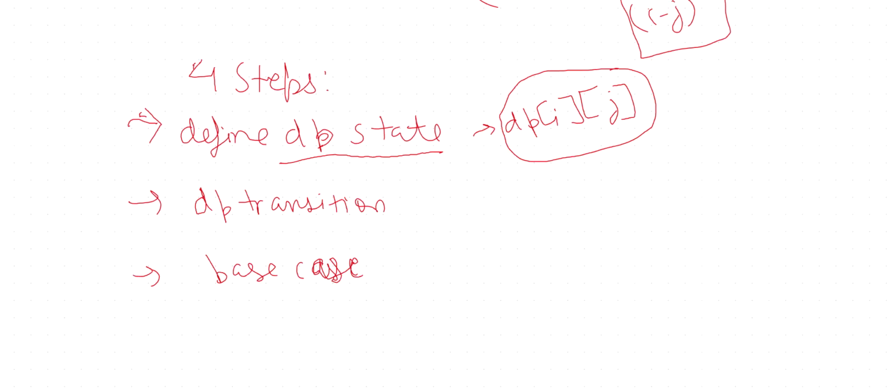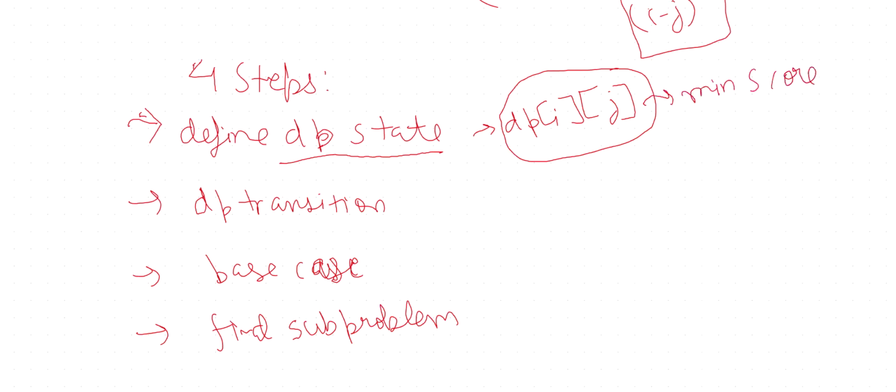So that's the base case, and then the final sub problem. If you have calculated all DP states, then what will be your final answer? So for this question, our DP state is DP of ij, and it defines minimum score of a polygon from I to j.